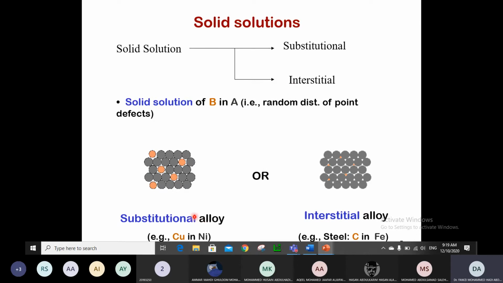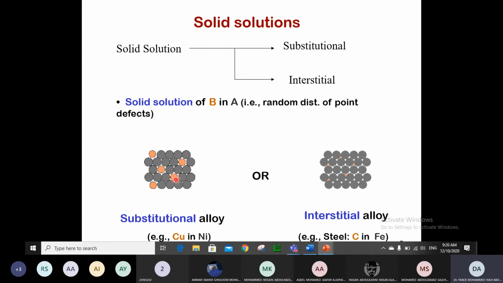In the substitutional solid solution, the solute atoms which are added substitute the solvent atoms. Substitute means they take the place of the solvent atom. So in order to have a substitutional solid solution, the solute atom has to meet certain conditions.